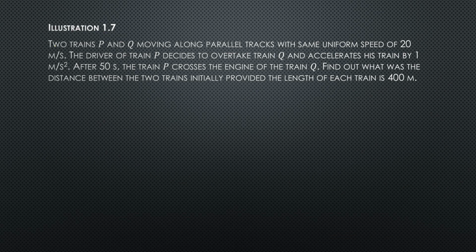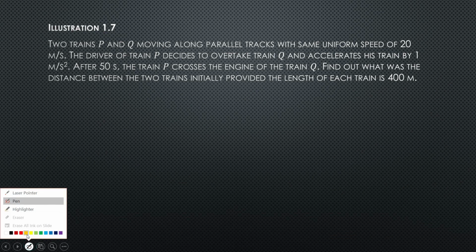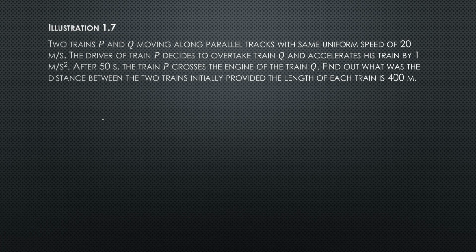Now, problem or illustration 1.7. There are two trains, P and Q, moving along parallel tracks with the same uniform speed of 20 meters per second. The driver of train P decides to overtake train Q and accelerates his train by 1 meter per second squared.